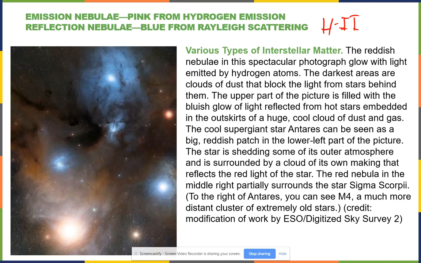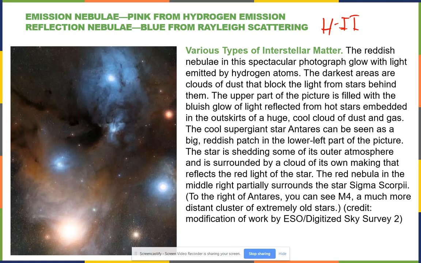H I would be a neutral atom, H II is singly ionized. One electron was removed. Hydrogen atoms only have one electron, so you can only have H I, neutral hydrogen, or H II, singly ionized hydrogen. That's where electrons have been removed.